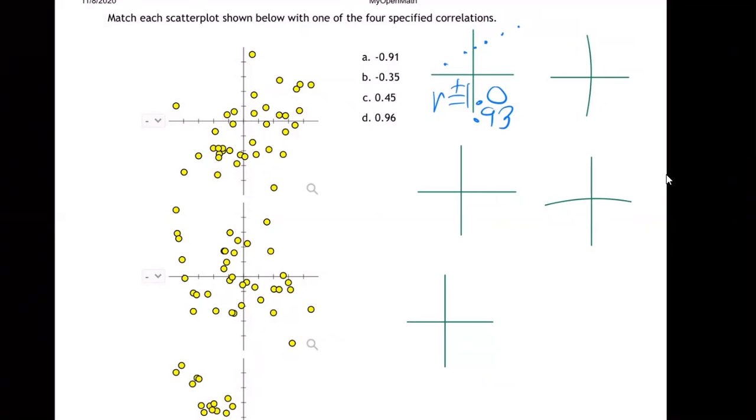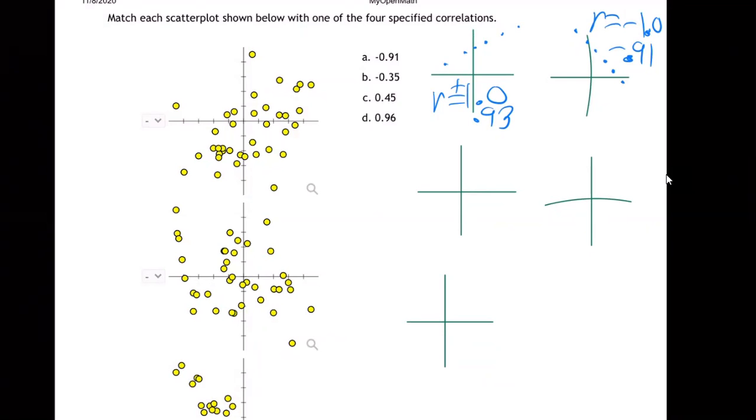And if the dots go down in a perfect line, that's going to be close to negative 1.0. Maybe it's negative 0.91 or something, close to negative 1.